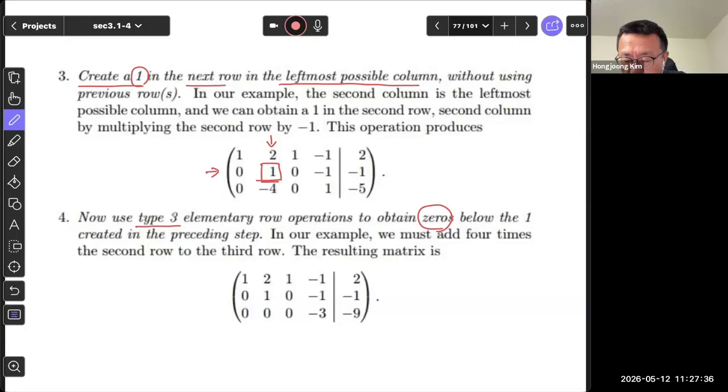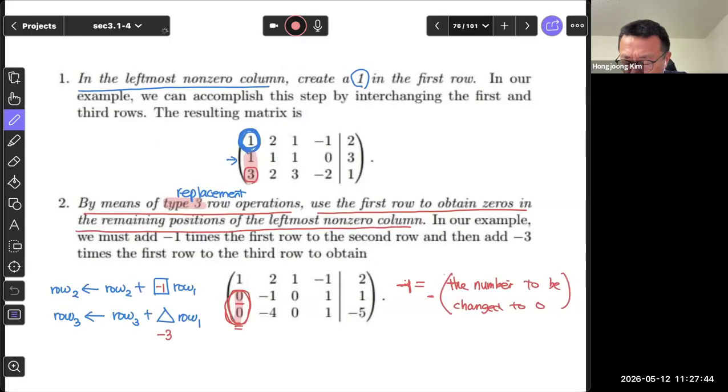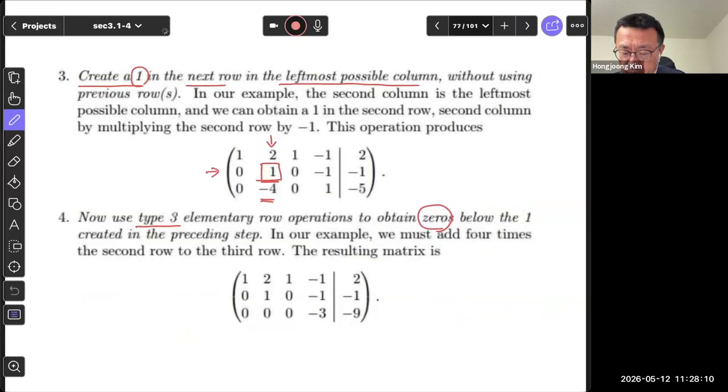In this example, I had negative 4 initially. But before I do that, how can I obtain 1 in the second row, second column from this matrix? So I want to have 1 in the second row, second column here. What you can do is multiply negative 1 to the second row. Then you get this 1 in the second row, second column.